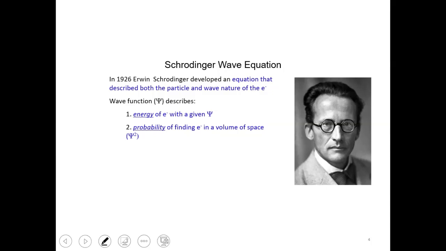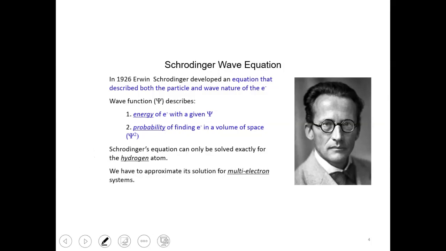Now, it turns out that when you look at this equation, there's only one atom for which you can solve it exactly, and that's the hydrogen atom. In other words, an atom that has a single electron, where you don't have to take into account interactions of one electron with another one. For every other atom that has more than one electron, the best you can do is arrive at an approximate solution of this type of equation, all right?